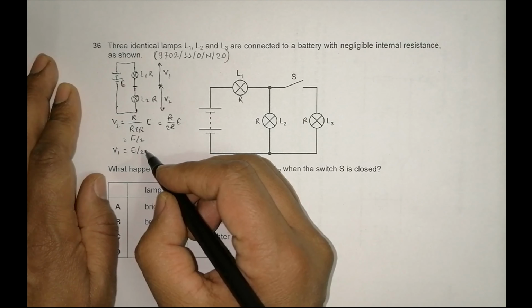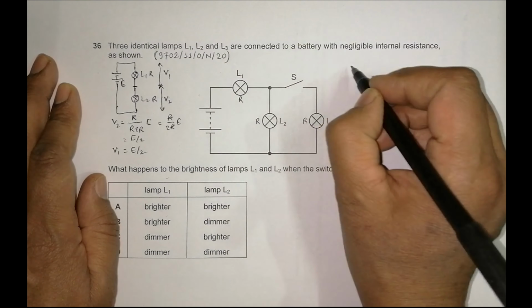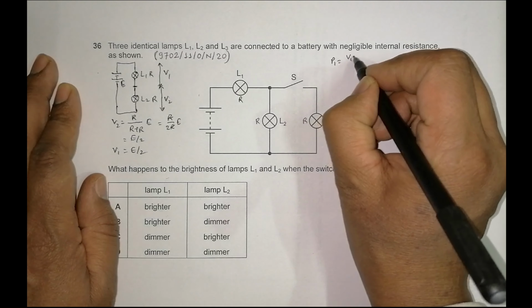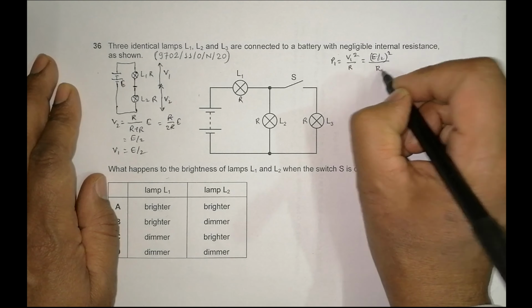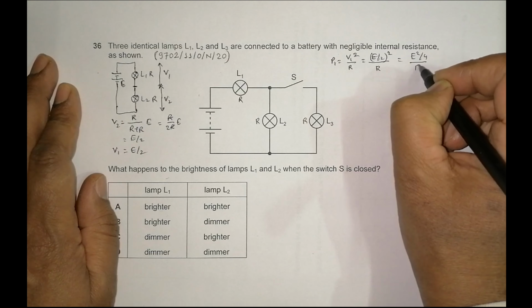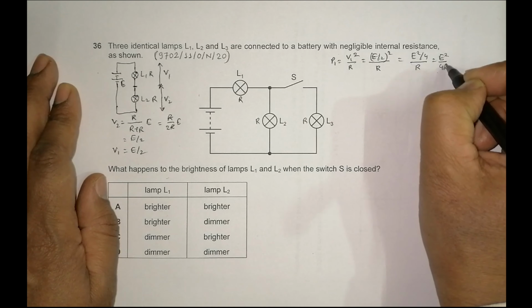Then the power consumed by L1, so power 1, is equal to the potential difference squared by its resistance. So it's equal to E by 2 whole squared divided by R, equal to E squared by 4, and then R, equal to E squared by 4R.